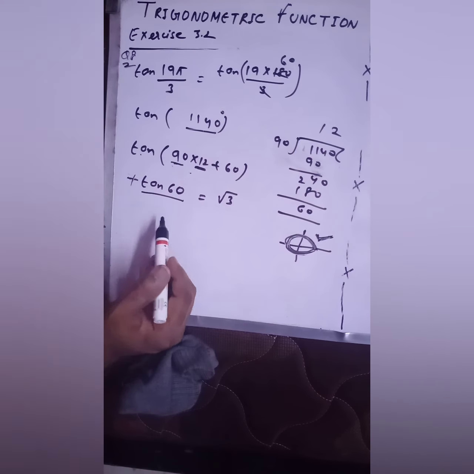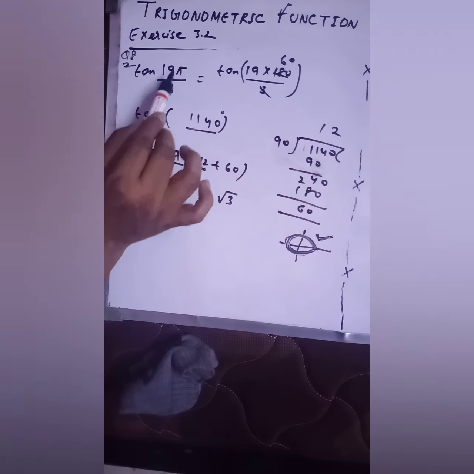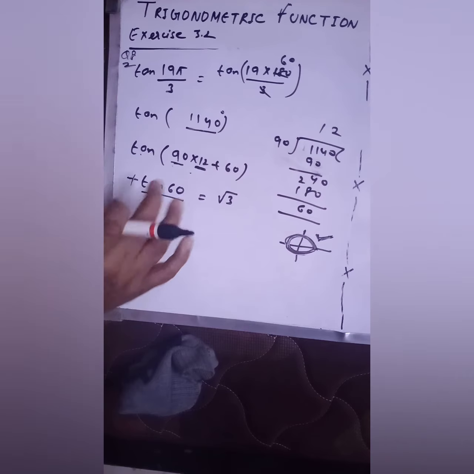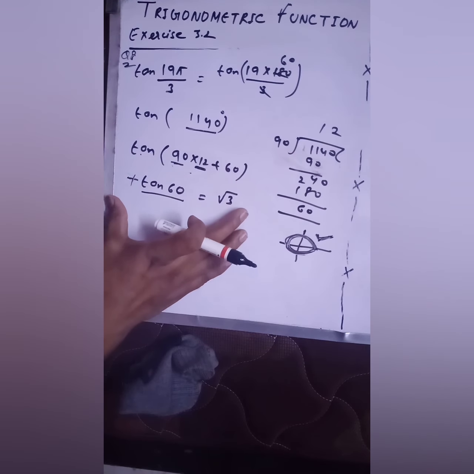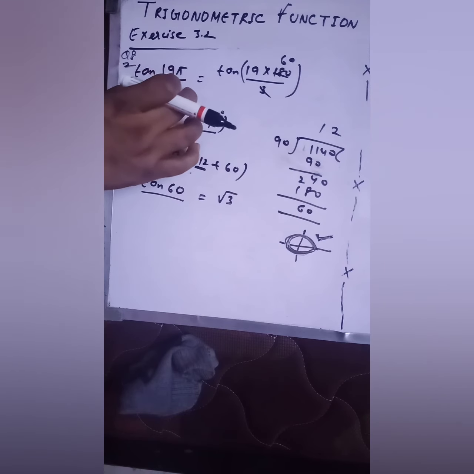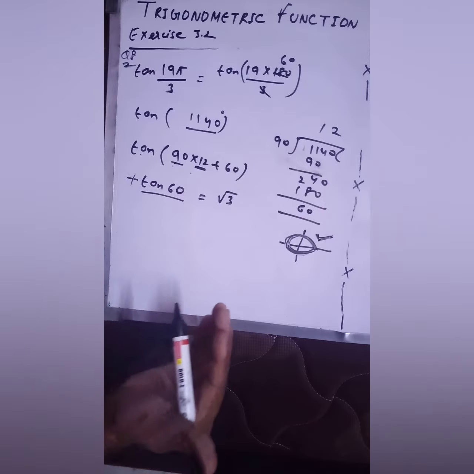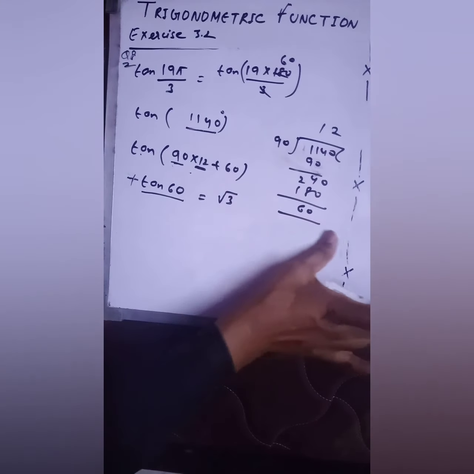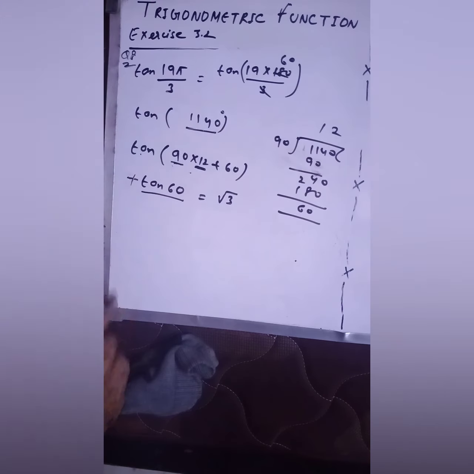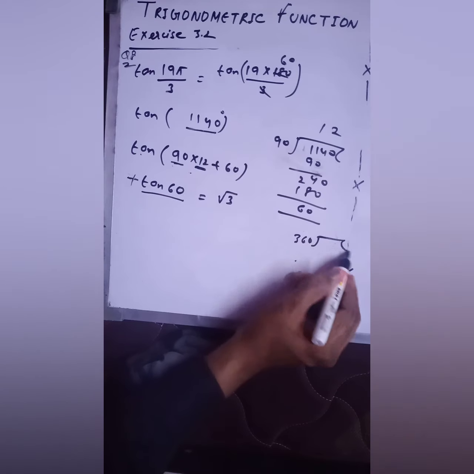Now if you want the answer in form of pi only, we don't want to convert into degrees. We want to just solve this answer in form of radian. So what you have to do, there is another method. See here, this angle is equal to 1140. We will divide this angle by 360.